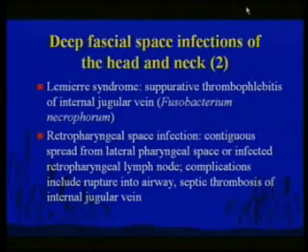Retropharyngeal space infection can involve the potential fascial spaces back in the neck. You remember from your anatomy that the neck is about the most complicated area to dissect, right?